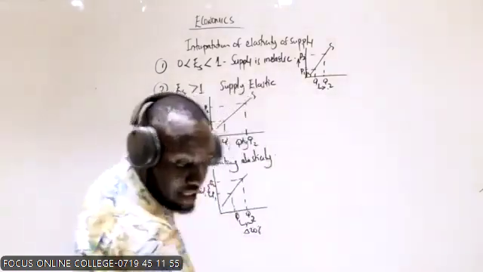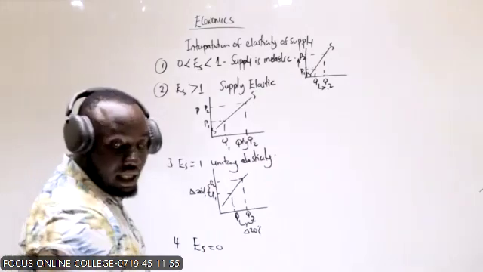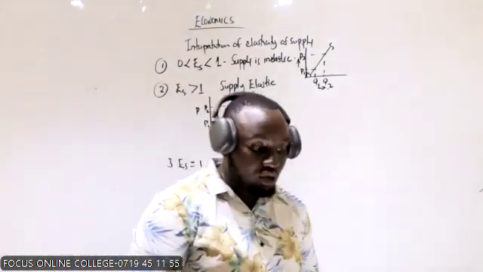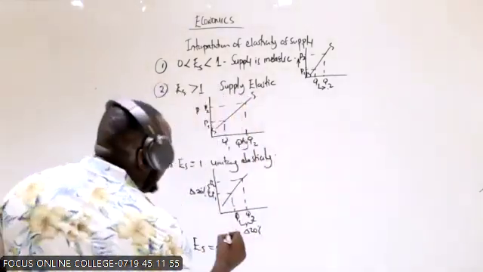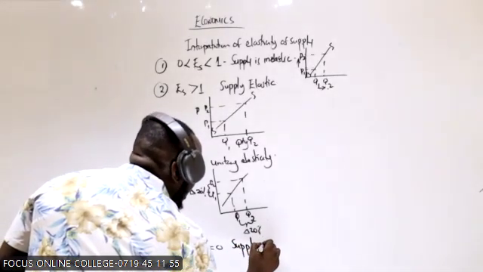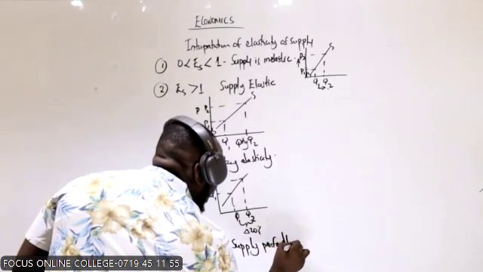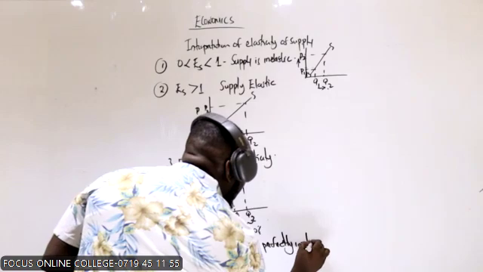Elasticity of supply is 0. When elasticity of supply is equal to 0, we call it perfectly inelastic.